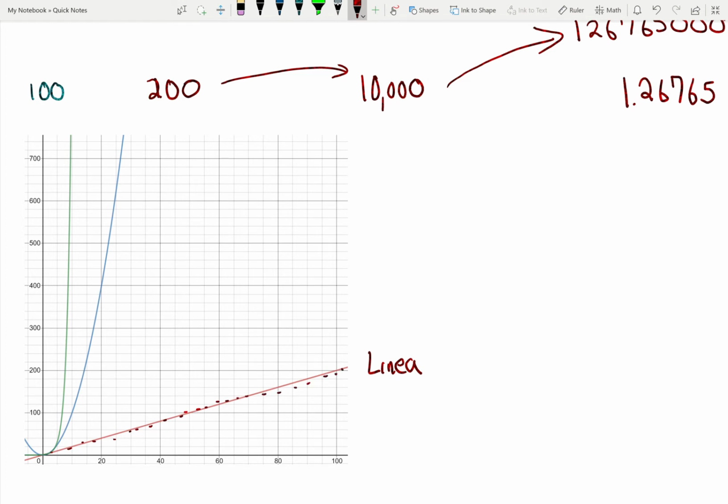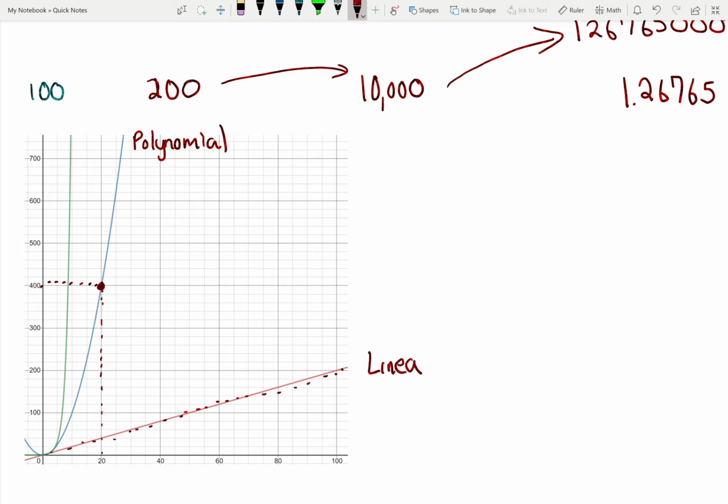Now, polynomial, this guy in blue, actually does a very good job of getting to a high number. He reaches 400 when x is 20.